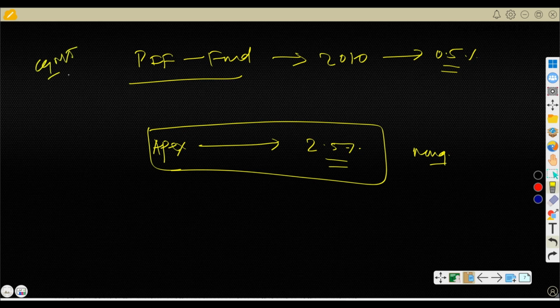Why? The reason is they have an LPA in place, a limited partnership agreement, where the partners already agreed to 0.5%, and that's the reason they are not allowed, or this agreement is not allowing them, to increase this base cost.